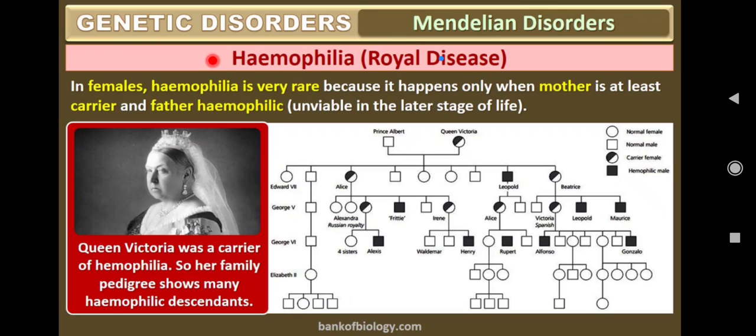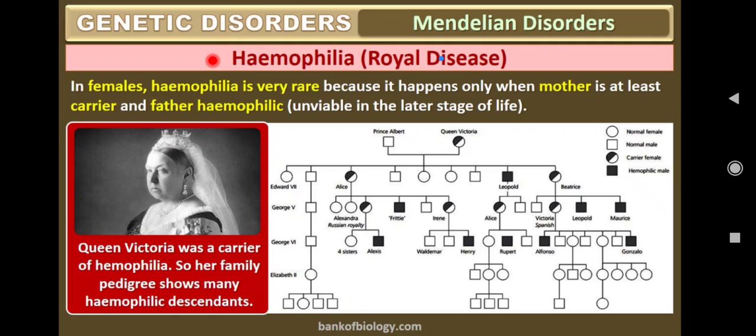Their names are also given here. Prince Albert and Queen Victoria. Queen Victoria was a carrier, and one of her daughters is also a carrier. When this daughter marries a man who is affected, it produces many carriers, and all the male generations are affected.